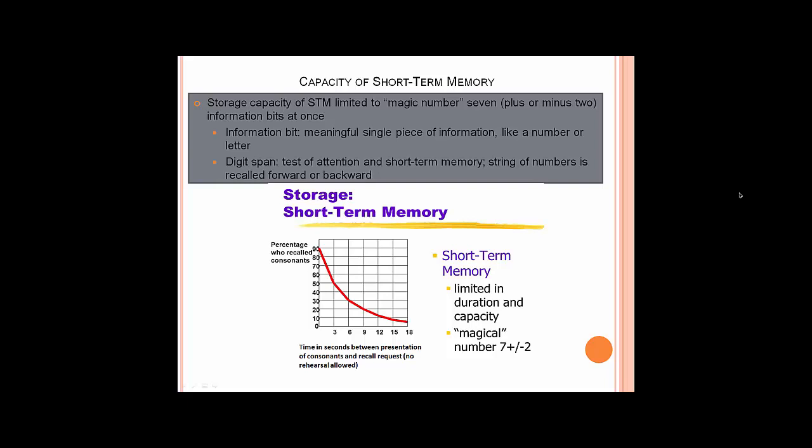Here we see the percentage of those who recall consonants, like C, B, F, H, G, J, and so on. These are sort of nonsense consonants, because in order to test just basic memory, we need something that is neutral, something that has no basis in any kind of meaning.